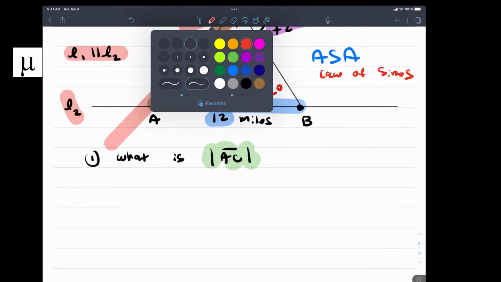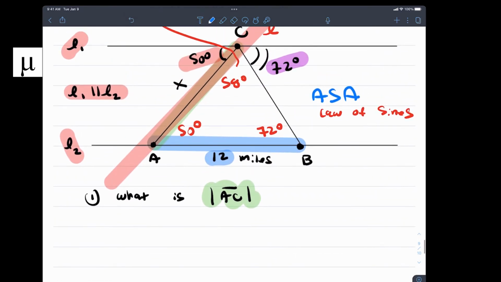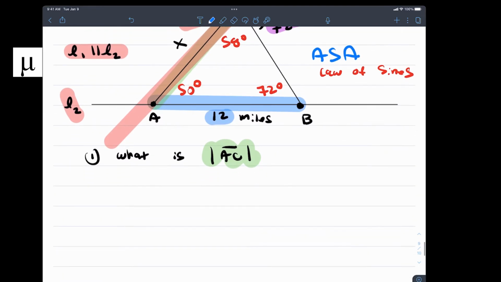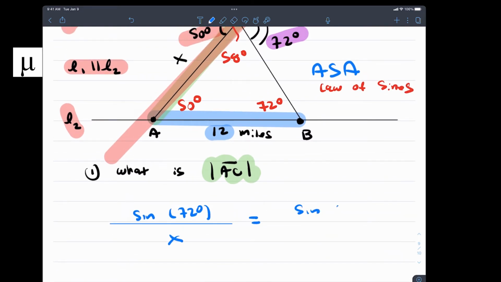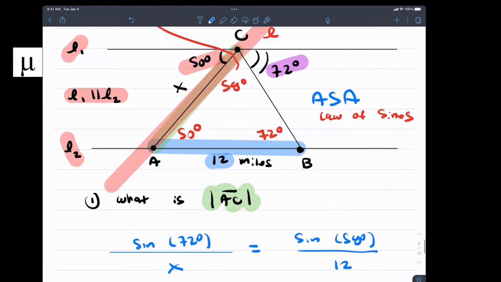So here's what we're going to do. Didn't we say we're going to use law of sines? What's law of sines? Sine of 72 degrees over X equals sine of 58 degrees over 12. Remember, if you have an angle and an opposite side, you can find a missing side by law of sines when you have another angle.